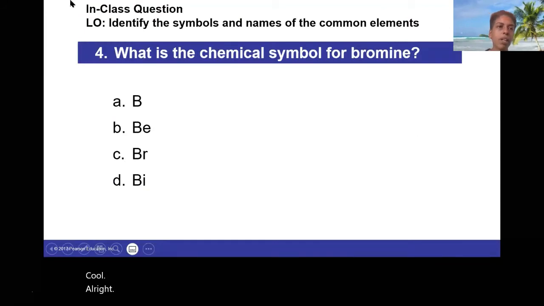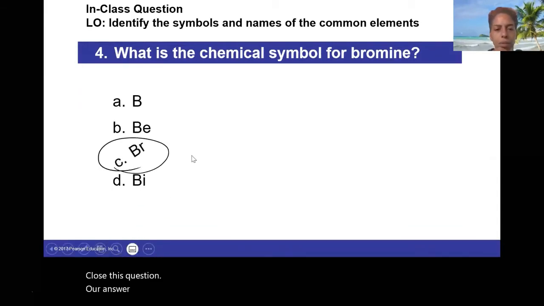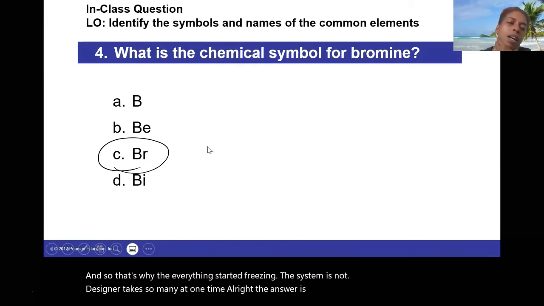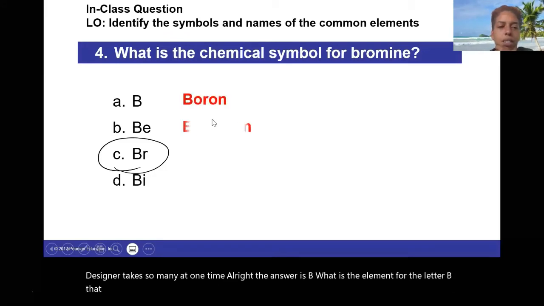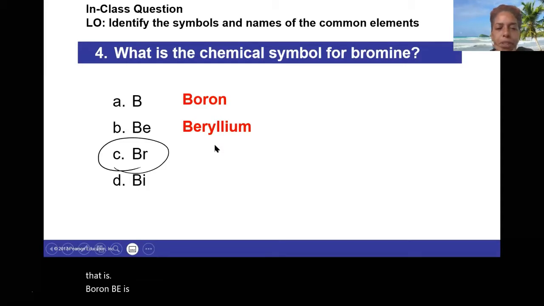So here we go with our next question. Our answer is C, bromine. So what is the element for the letter B? That is boron. Be is beryllium and Bi is bismuth. Okay.